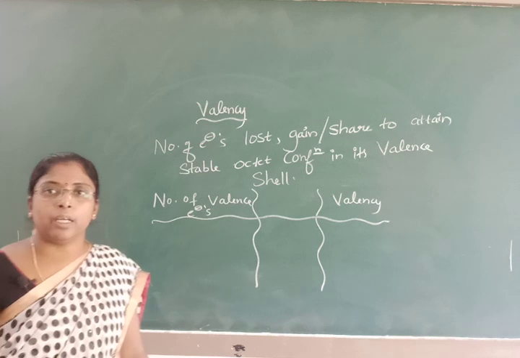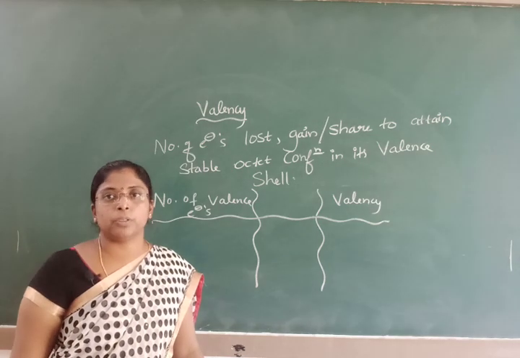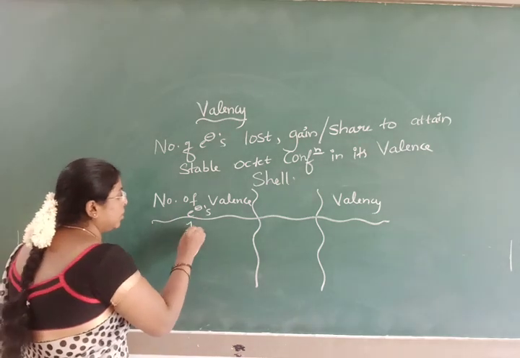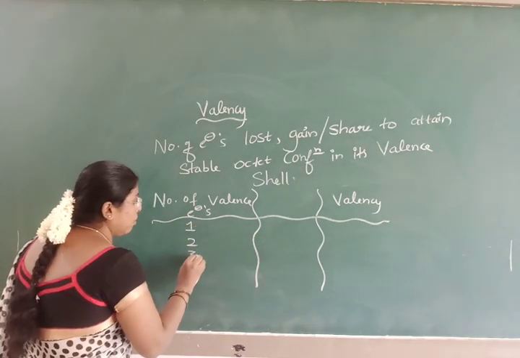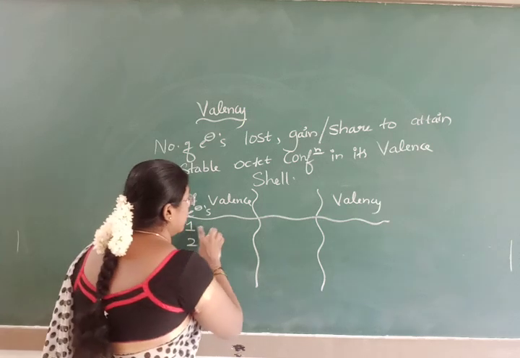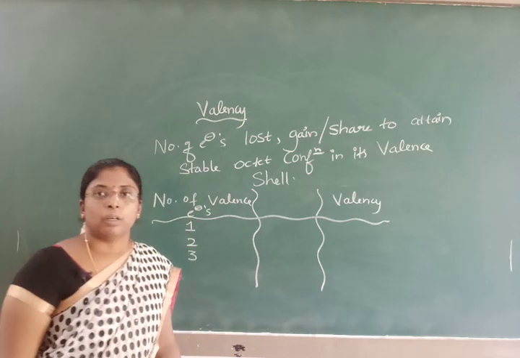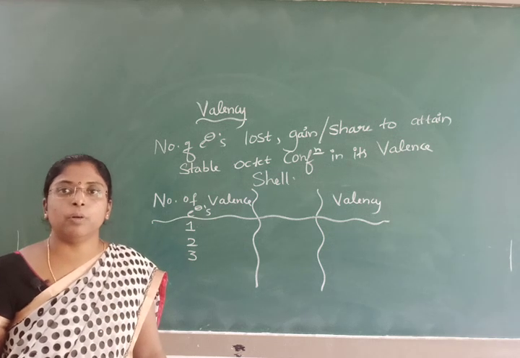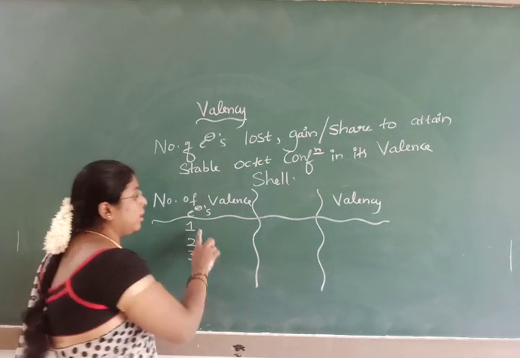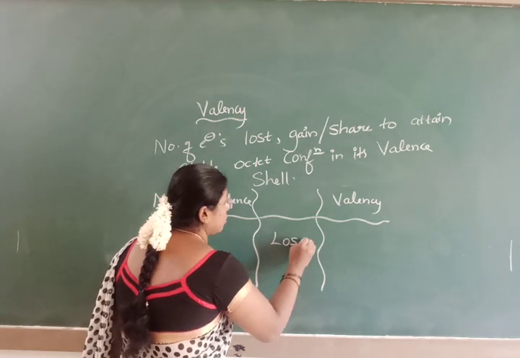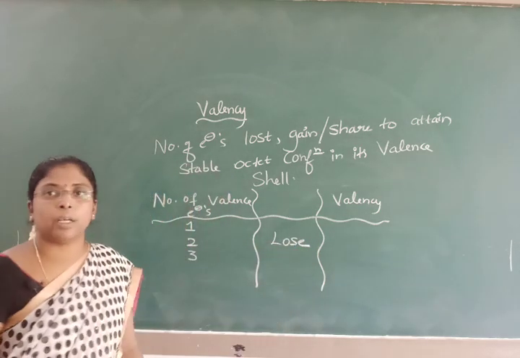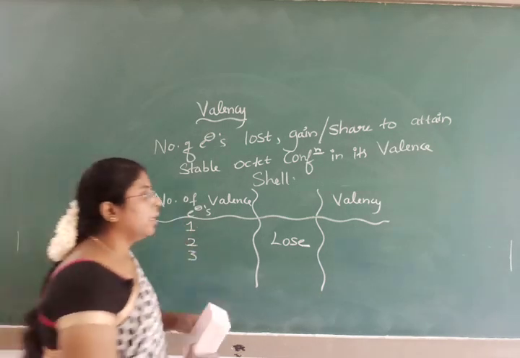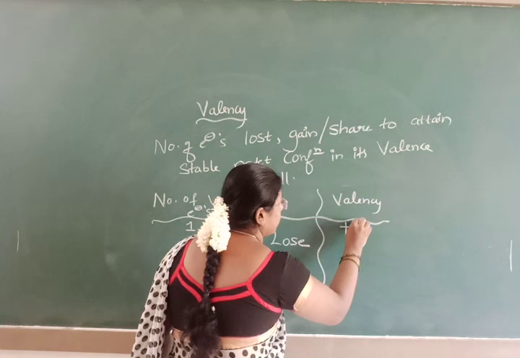Suppose an element has only one electron in its outermost shell. It may be 1, 2 or 3 electrons. If it has 1, 2 or 3 electrons, what will this element do? It will lose the electrons. If it loses 1 electron, its valency becomes +1.